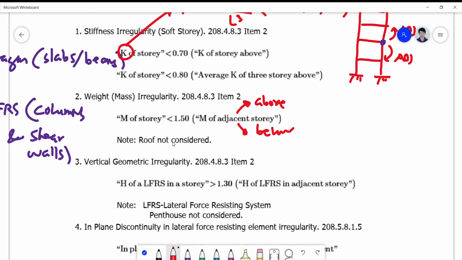Of course, winds are transient loads that can cause damage, but that has nothing to do with earthquake effect.